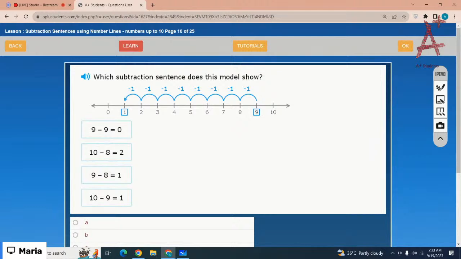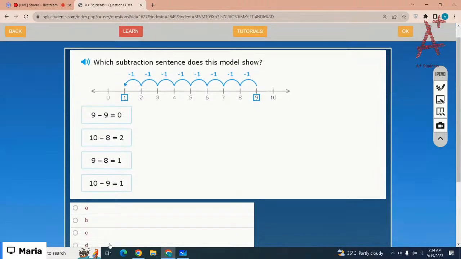You started with 9, you go back 8 times, and you are left with 1. That means 9 take away 8 equals 1, right? So, the correct option is option C.